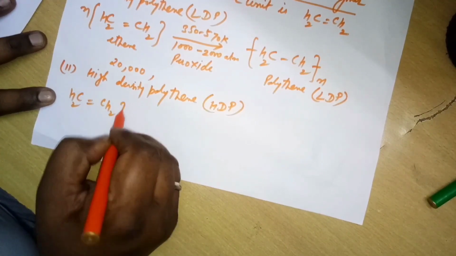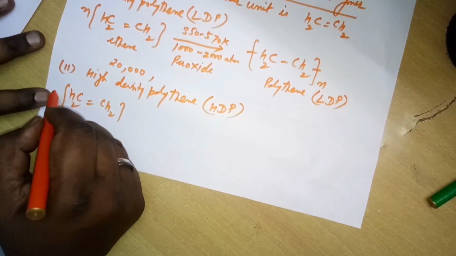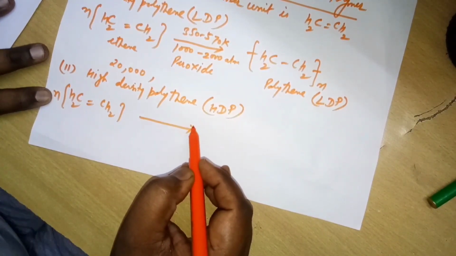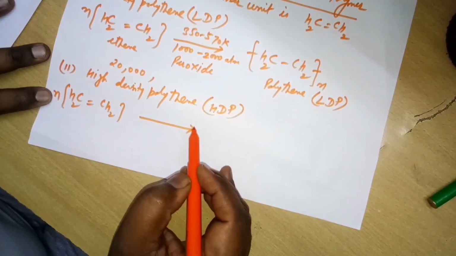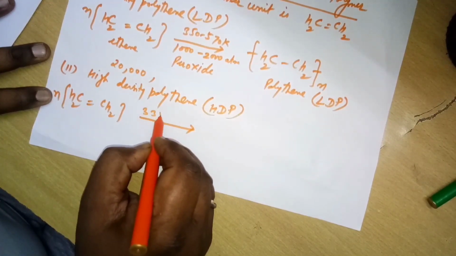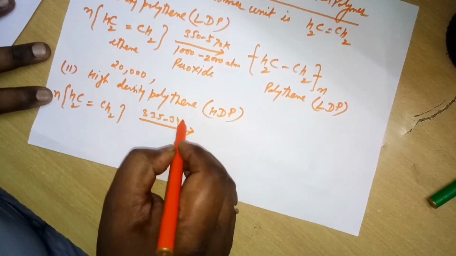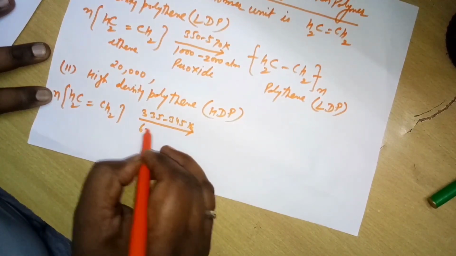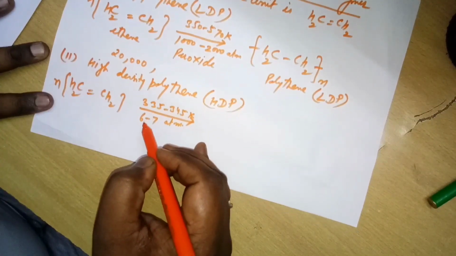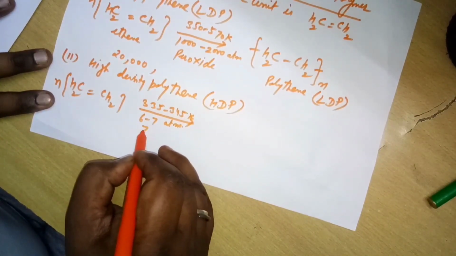But here temperature is low and pressure is also low, and this polymerization occurs in the presence of a catalyst called Ziegler-Natta catalyst. Here the temperature is between 335 to 345 Kelvin. Pressure is 6 to 7 atmosphere, and we use Ziegler-Natta as a catalyst.